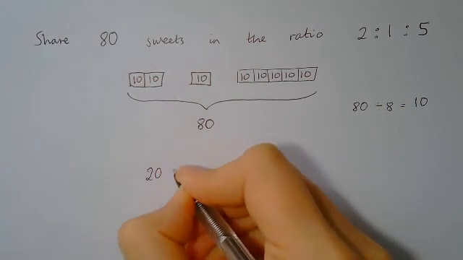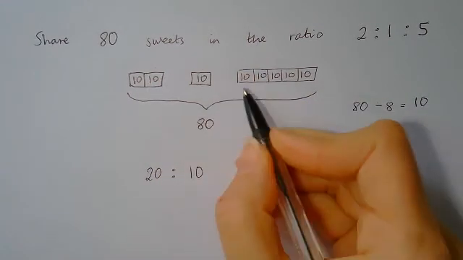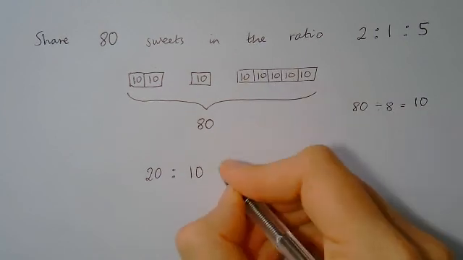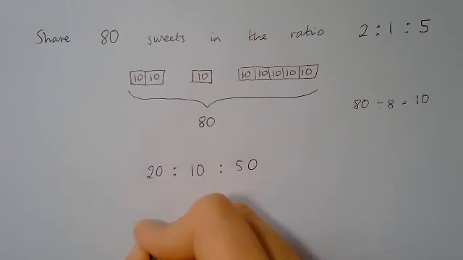What's this person going to get? 10, 20. What's this person going to get? Well, he's just getting 10. And then 10, 20, 30, 40, 50. He's getting 50. Now let's just quickly check. 20 add 10 is 30. 30 add 50 is 80. So that's right. That's fine. So that's what we call sharing in a ratio.